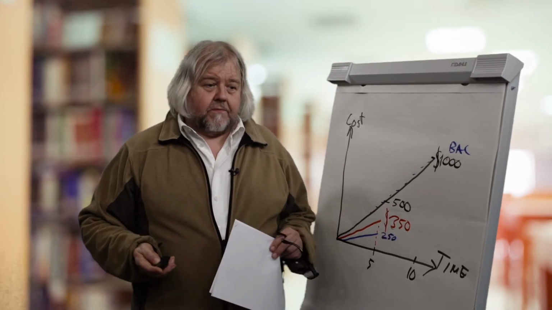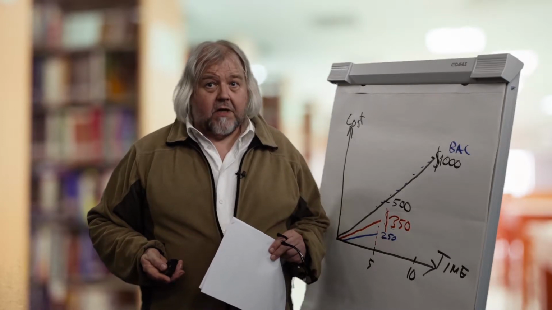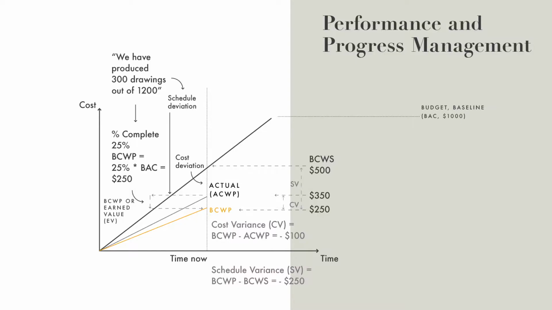With these figures, we can calculate different kinds of variances. Schedule variance is 250, and cost variance is 100, so we are lagging behind. We have used more costs than we should for having this earned value 250 produced.